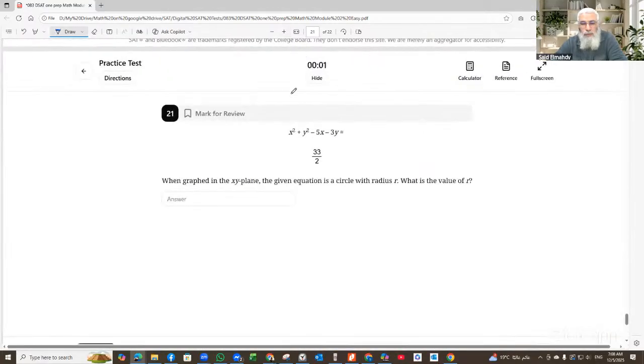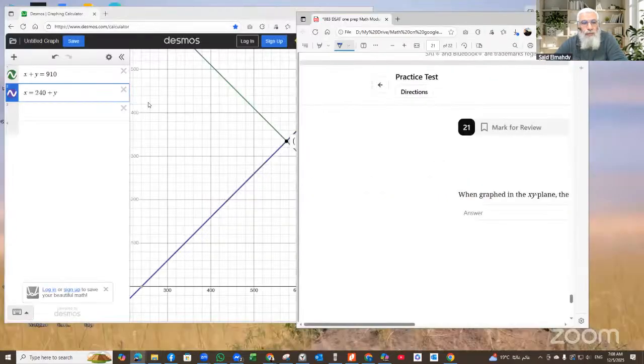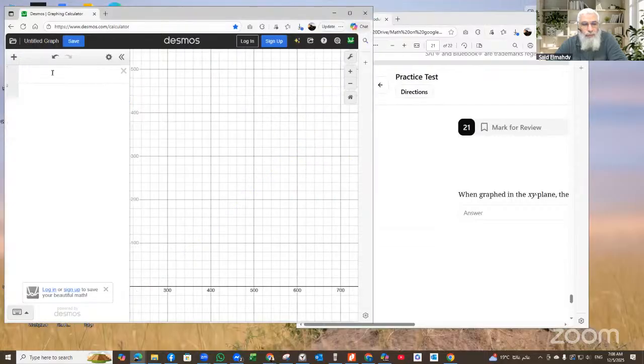This says that x squared plus y squared minus 5x minus 3y equals 33 over 2. When graphed in the xy-plane, the given equation is a circle with radius r. What is the value of r? I don't know if Desmos will find r, of course, but let's try it.